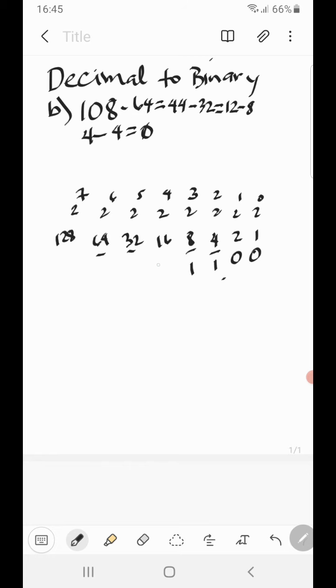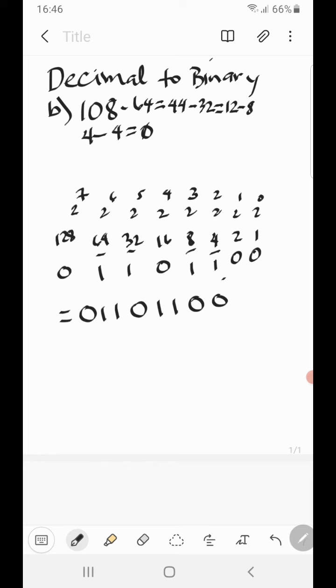We did not use 16, so that is 0. We use 32, that's 1, and 1 for 64. And we can also include 128. We can write here 0 because we're using it in byte, right? So with that, the answer here is that 108 is equivalent to the binary number 0, 1, 1, 0, 1, 1, 0, 0.